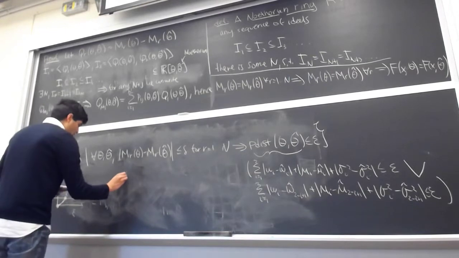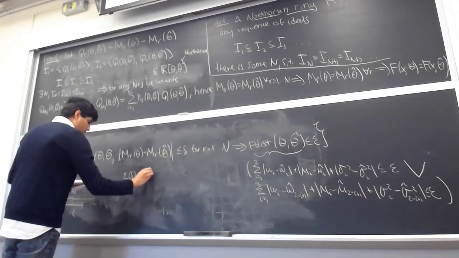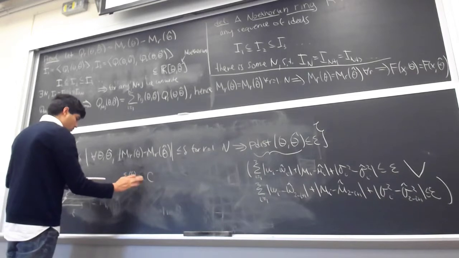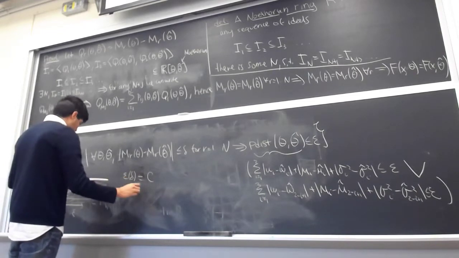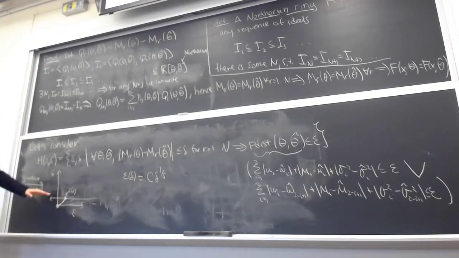And what we know is that epsilon of delta looks like some sort of epsilon is equal to c times delta to 1 over s. So it actually tells us that if we want to get some epsilon target accuracy, it suffices to drive delta down to epsilon to the s. And that then in turn implies the stability bound.